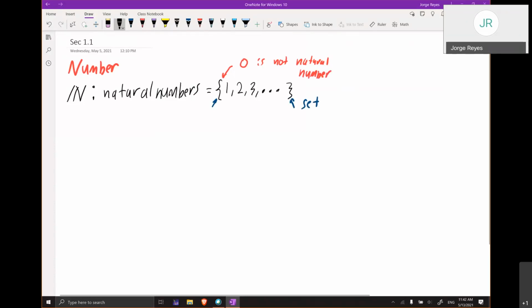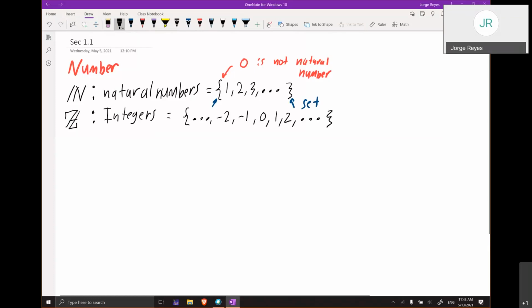Moving on, we're going to get this Z here, and these are the integers. The integers are basically if we take the natural numbers and go left. So we go negative infinity, -2, -1, 0, 1, 2, forever.